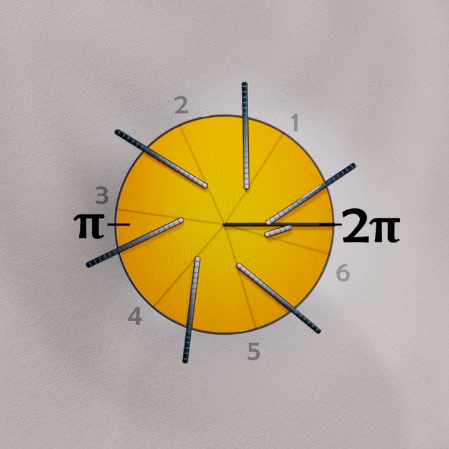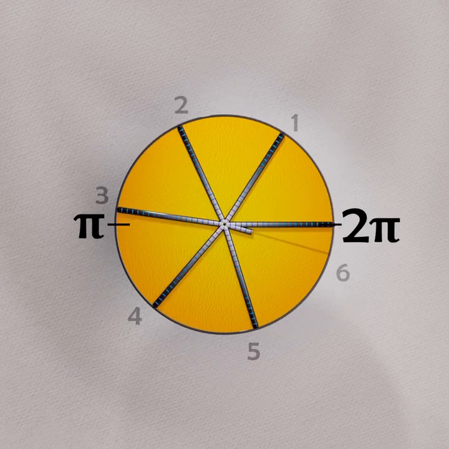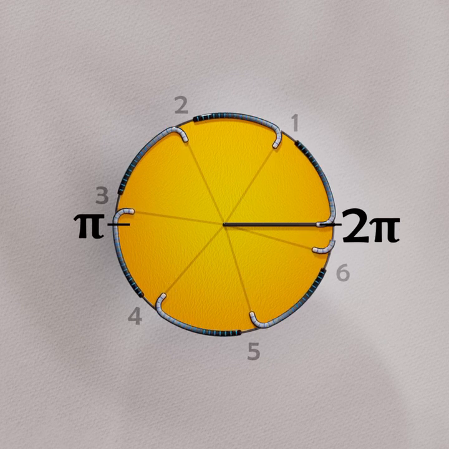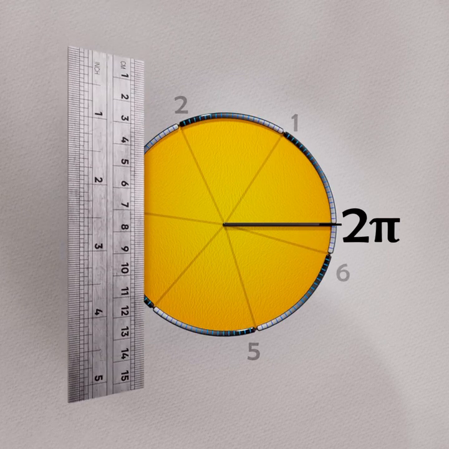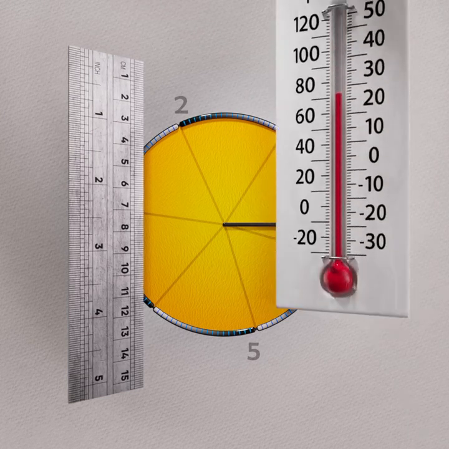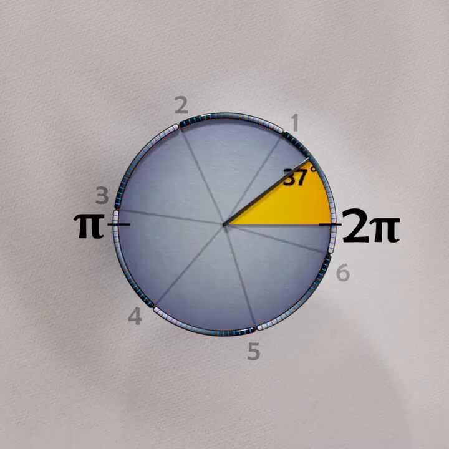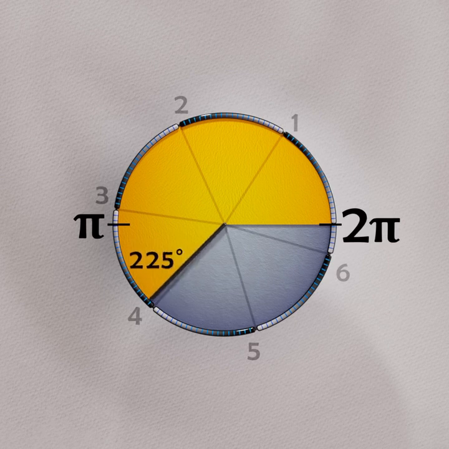When you work with patterns in circles and angles, radians give us an elegant, clean system to work with, which is why it's used extensively in engineering and higher-level math. Just as you can choose to measure length in inches or centimeters, or temperature in Fahrenheit or Celsius, we can measure angles in degrees or radians. And radians give us a clean system of measurement that's based on the nature of a circle.